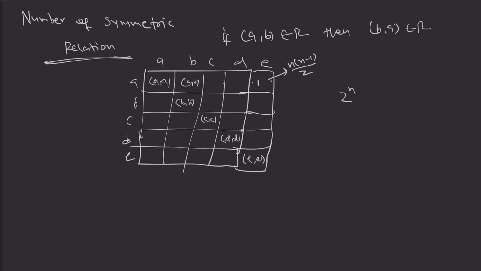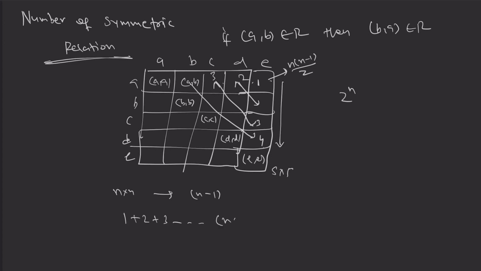Why? Because this is 1 and these are 2, these are 3 and these are 4. So 1 plus 2 plus 3 plus 4, I have 5 cross 5 and i goes from 1 to 4. So if I have n cross n, I will have to go up to n minus 1. So I have to count 1 plus 2 plus 3 up to n minus 1, and it would be n into n minus 1 upon 2.